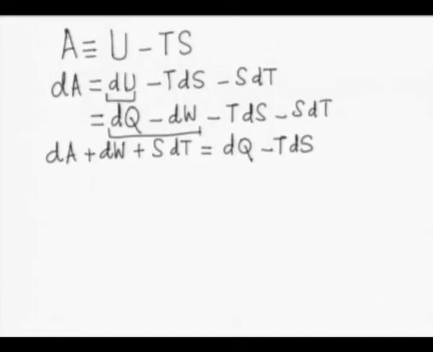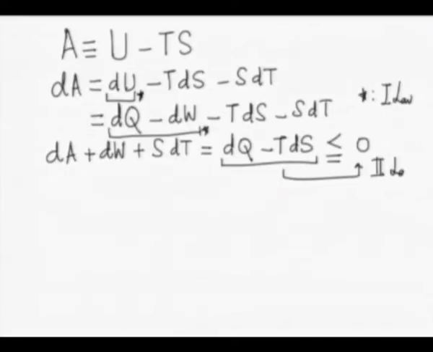Now remember that we have said that dS is greater than or equal to dq over T, that is the second law. So TdS will be greater than or equal to dq, or dq will always be less than or equal to TdS, giving us this quantity to be always less than or equal to 0. So here this transformation from this to this is the first law, and this being less than or equal to 0 is the second law. So both the laws have been used.